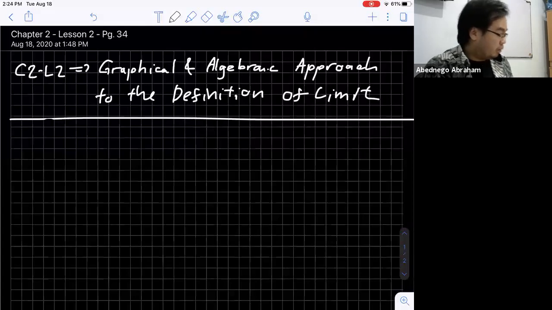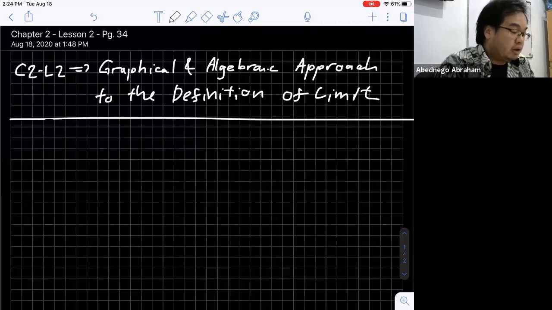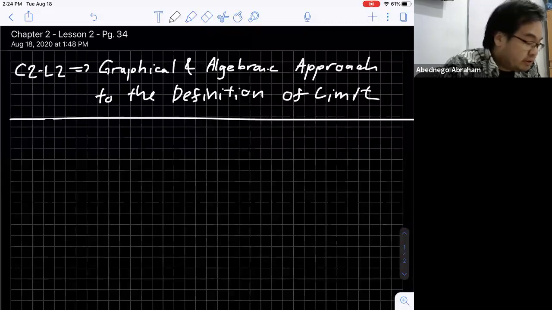Okay, so now open your book page 34. Before, on page 33, I taught you the verbal definition of limit, which is: L is the limit of f(x) as x approaches c if and only if you can keep f(x) arbitrarily close to L by keeping x close enough to c but not equal to c.